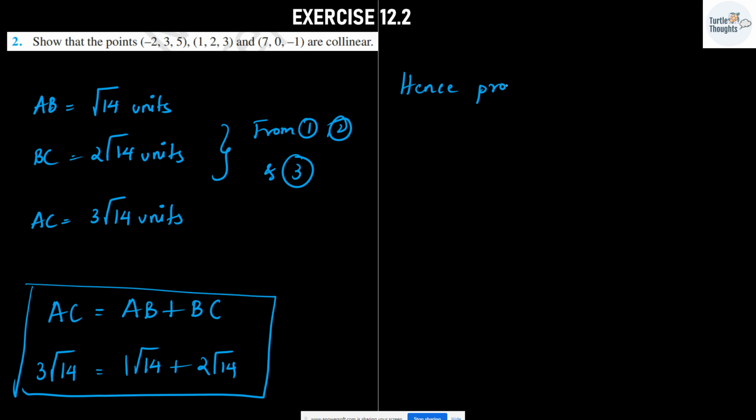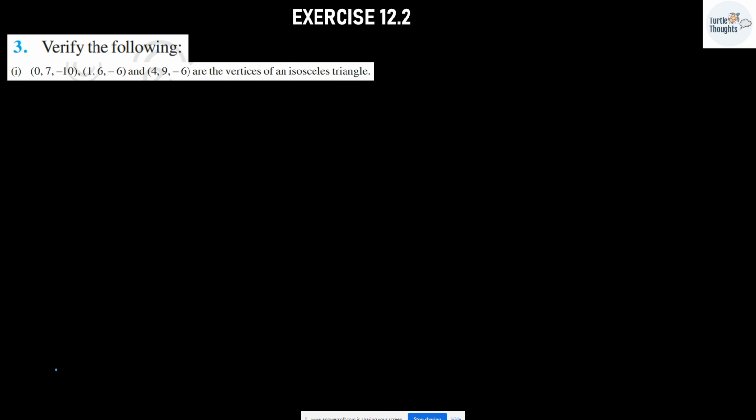Hence, proved that A, B, and C are collinear points. I hope this question is clear.